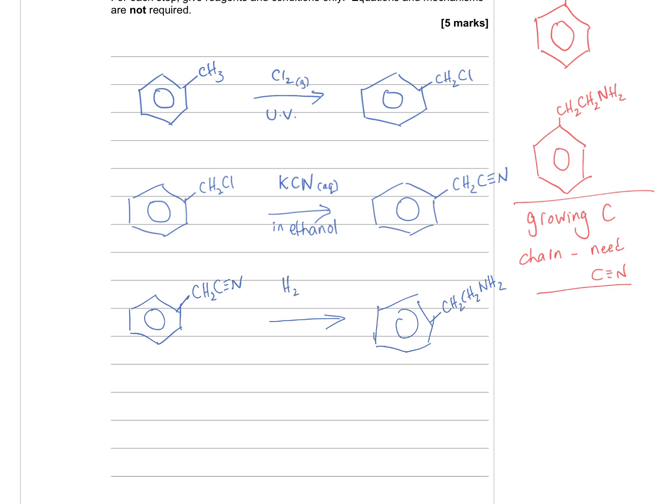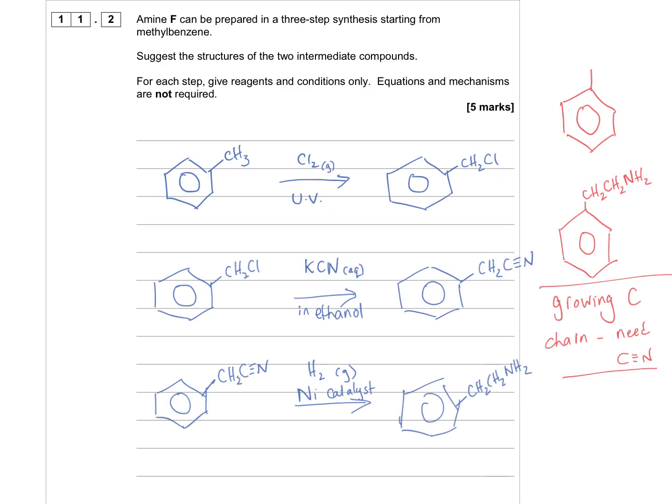The one in the textbook is nickel, but you could use palladium or platinum. So, hydrogen gas in the presence of a metal catalyst, for example nickel. You could also use lithium aluminium hydride. It's not specifically mentioned in our specification, but it is mentioned in the mark scheme as an alternative answer.